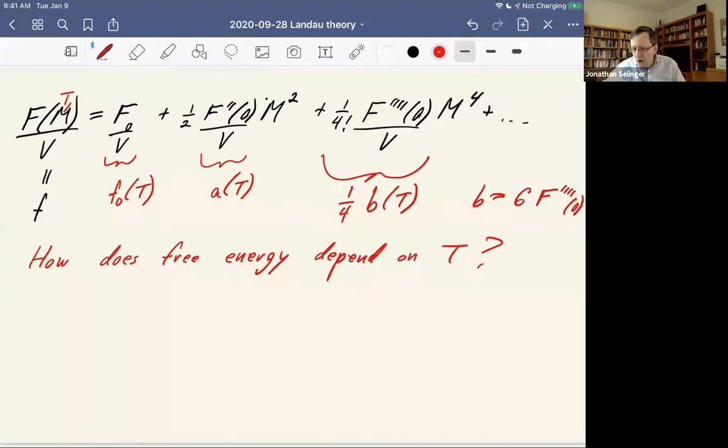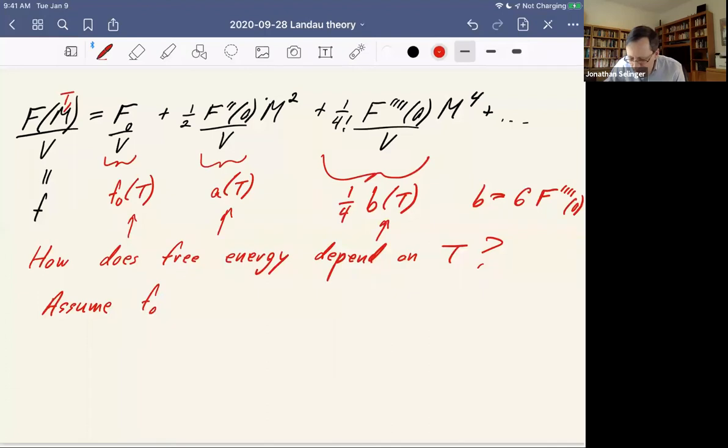So all the information about the temperature dependence is embedded inside of these functions of temperature. Now, once again, we don't know how they depend on temperature, but let's assume that these things are smooth functions of temperature. That goes along with the whole spirit of what we're doing.